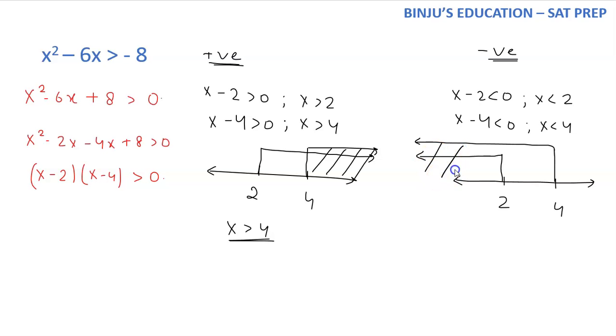What is the common region? The common region is x less than 2. So you can say that your answer is negative infinity to 2 union 4 to infinity, or you can say that either x is less than 2 or x is greater than 4. So this is using that relationship that when a into b is greater than 0, they both are positive or they both are negative.